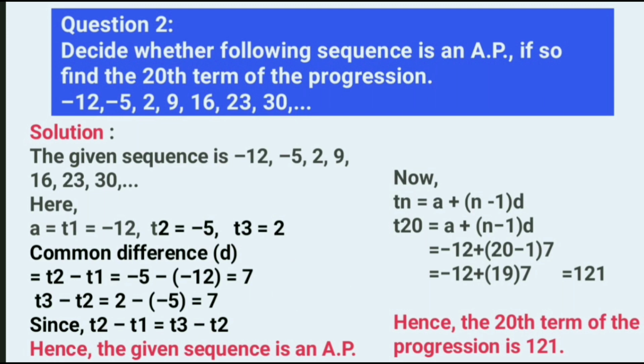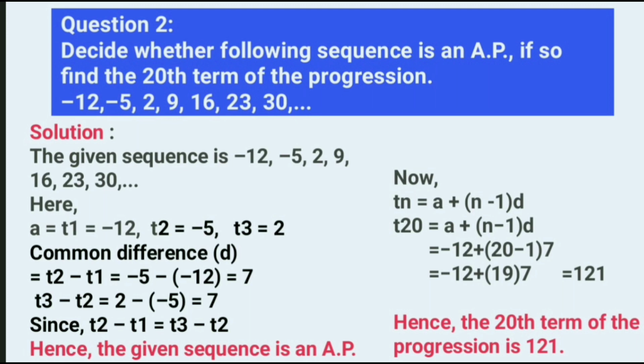Now we know that Tn is equal to A plus n minus 1 into D. So to find 20th term T20, हम लेंगे n is equal to 20.